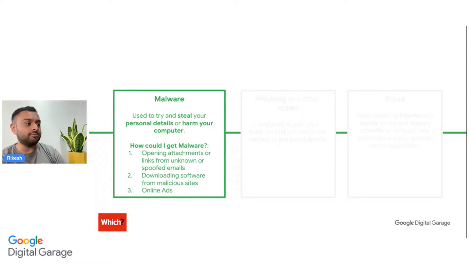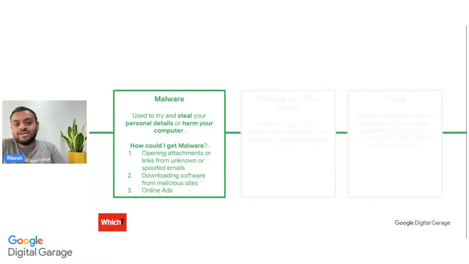So through opening up attachments from emails that are purportedly meant to be real and genuine from genuine companies and brands out there. Opening those up can lead to malware. Also downloading software from malicious websites, or websites which you think are legitimate but they're not necessarily. They're actually malicious websites, and even through online adverts as well.